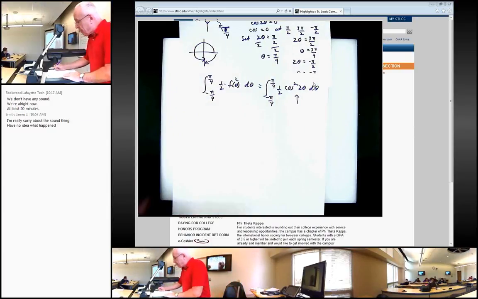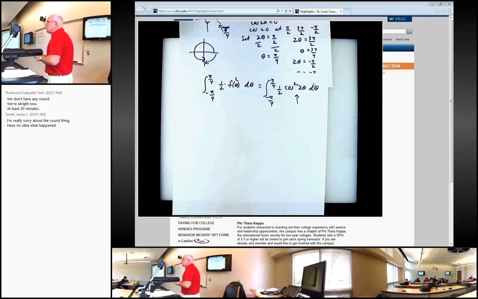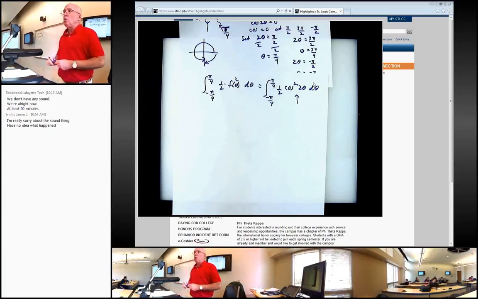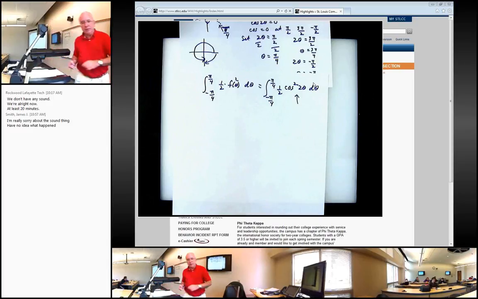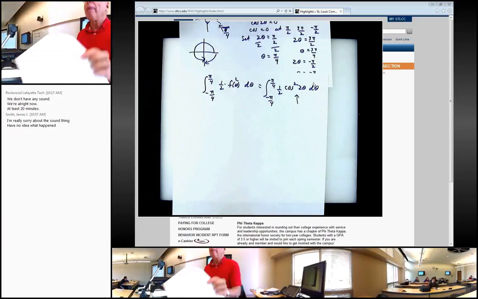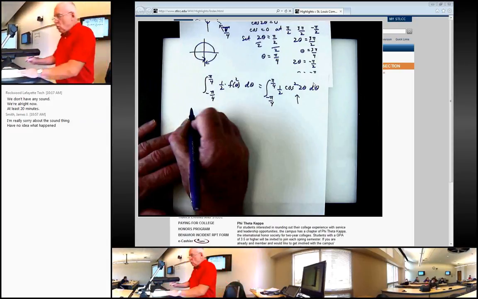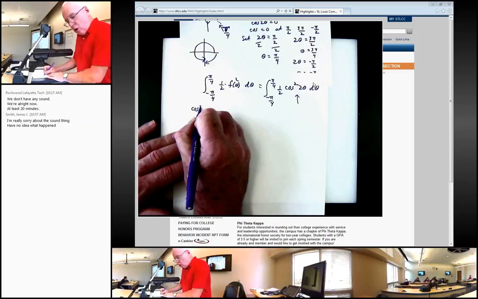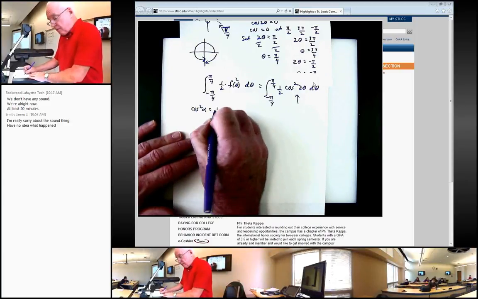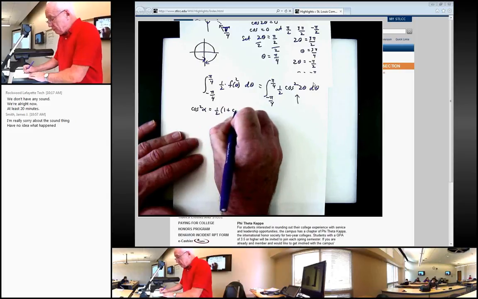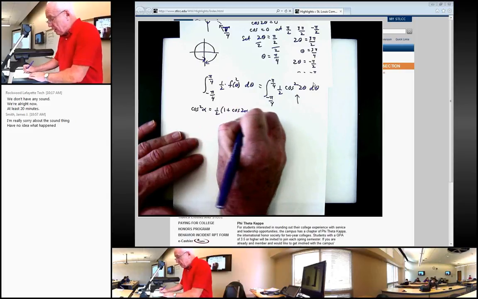So we've got to figure out the antiderivative of cosine squared of 2 theta. What kind of formula are we going to use for that? Exactly. We're going back to the formulas we should all be familiar with: cosine squared of alpha is 1/2 times 1 plus the cosine of 2 alpha.